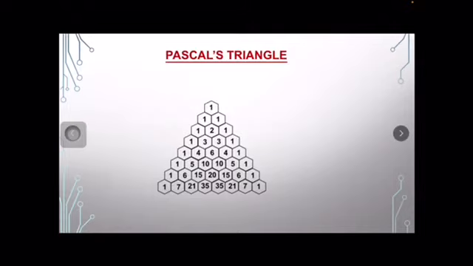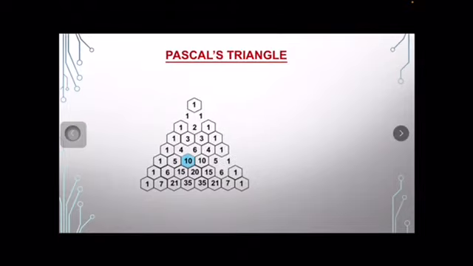The numbers in Pascal's triangle are the sum of the previous two numbers. Like that 6 is 5 plus 1. So the addition of the previous two terms is the next number.